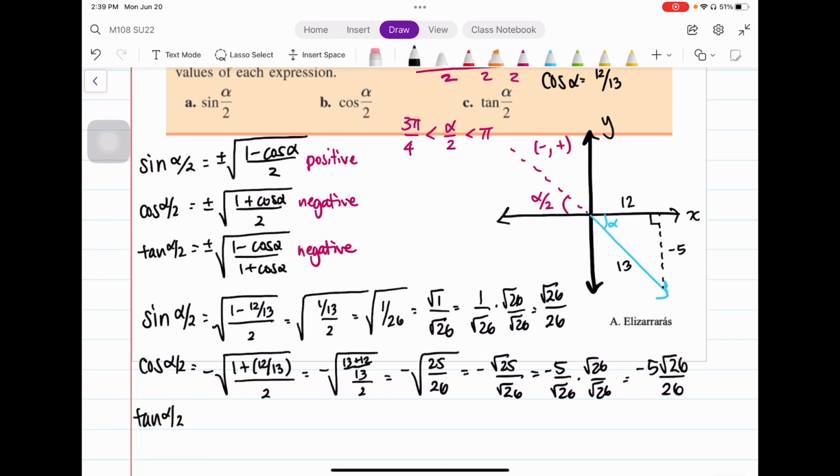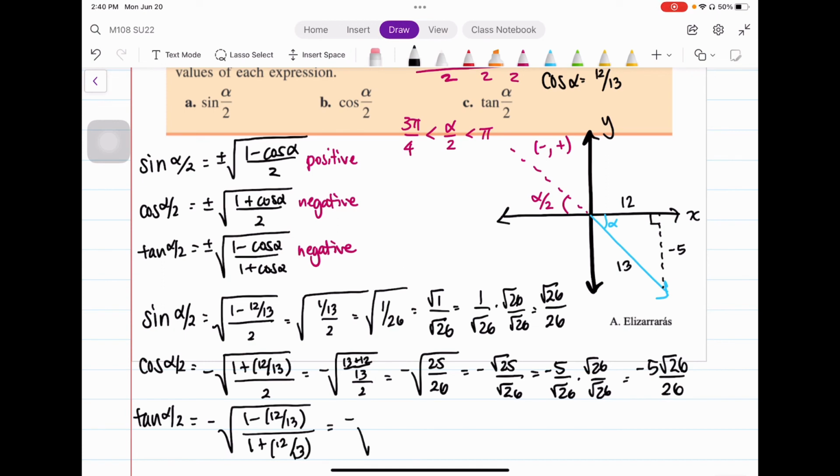And lastly, our tangent of alpha over 2 is equal to negative the square root of (1 minus cosine of alpha, which is 12 over 13) over (1 plus cosine of alpha, which is 12 over 13).